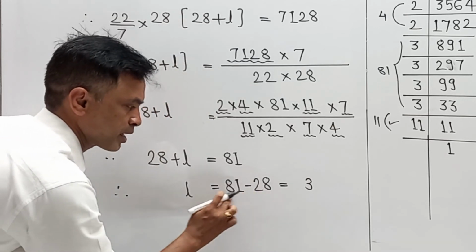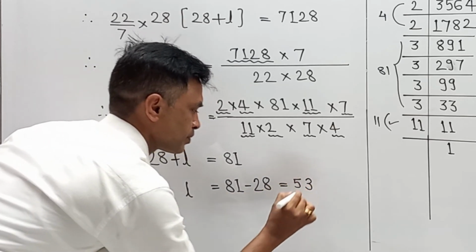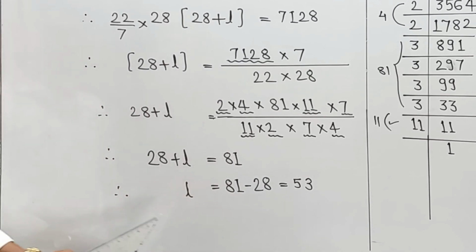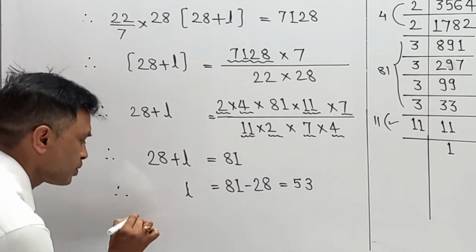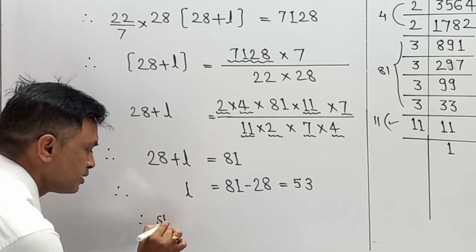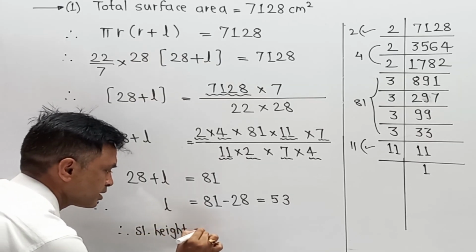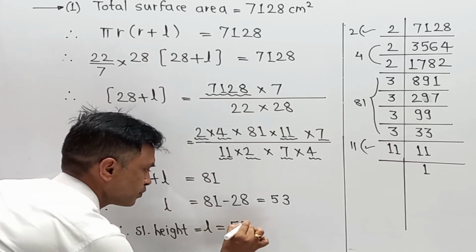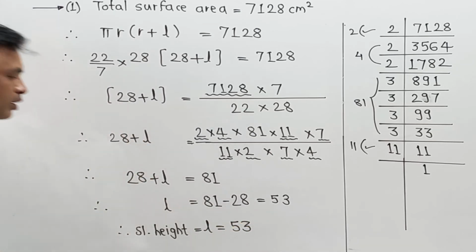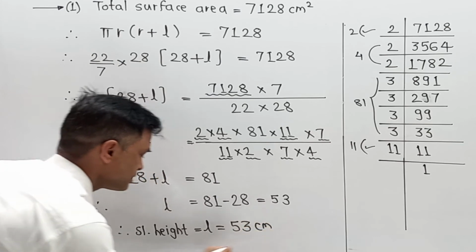So carry 1. 8 minus 3 means 5. So the value of L is 53, or you can say slant height. That is equal to L. This is equal to 53. And as in this numerical all units are in centimeter, I am writing it in centimeter.